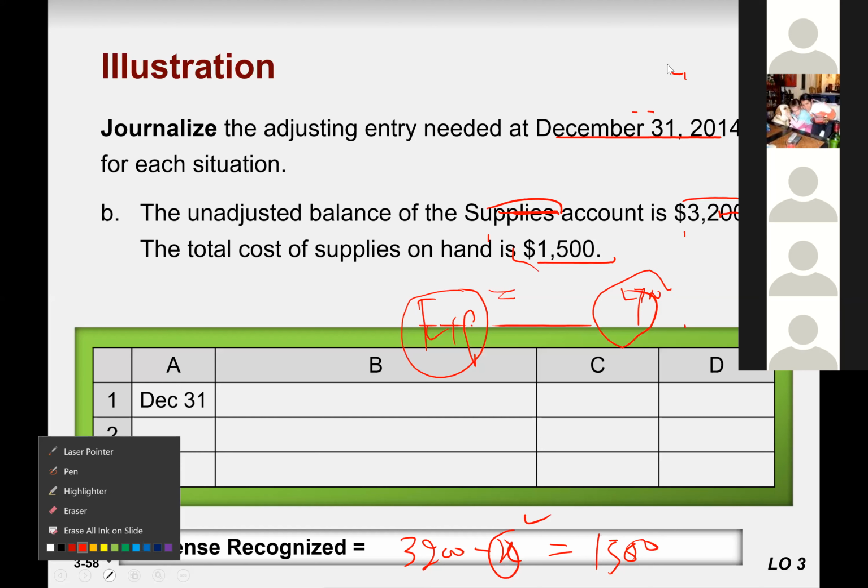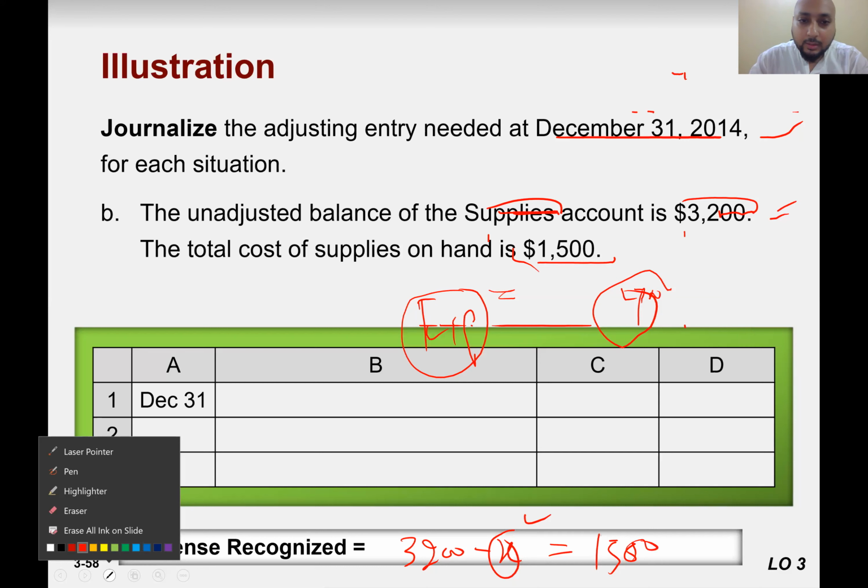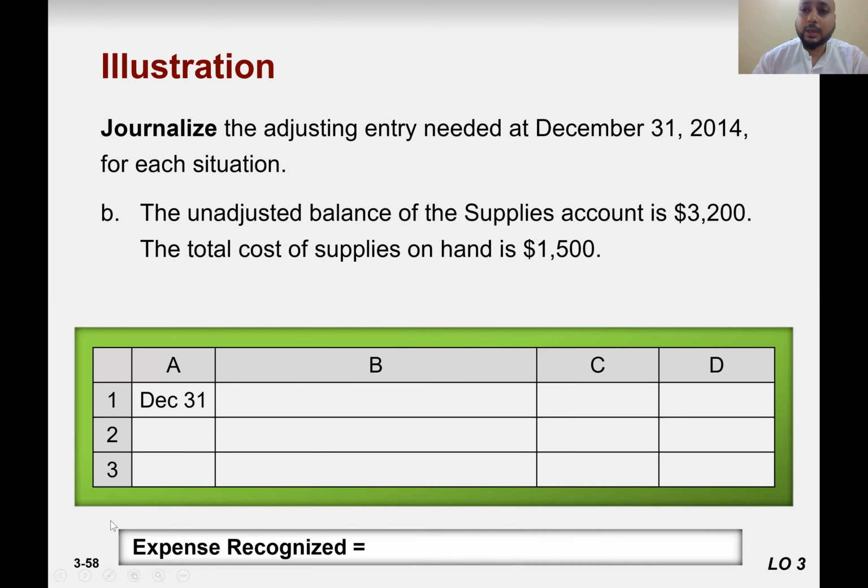So let's go back to our illustration here. Let me read this illustration again. The unadjusted balance of the supplies account, 3,200. The total cost of the supplies on hand, 1,500. So at the start of the year we have 3,200, right?